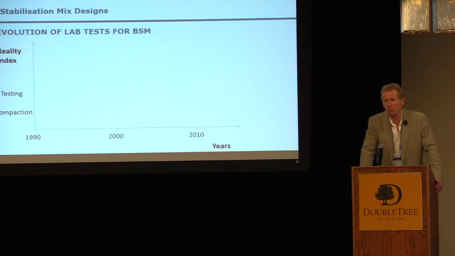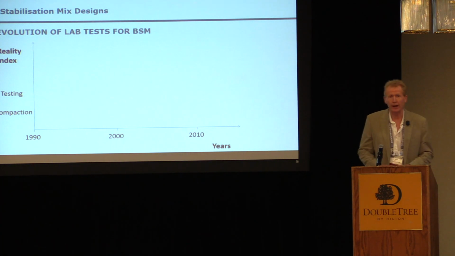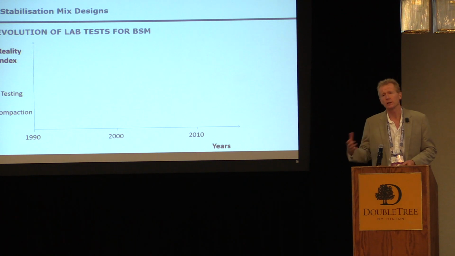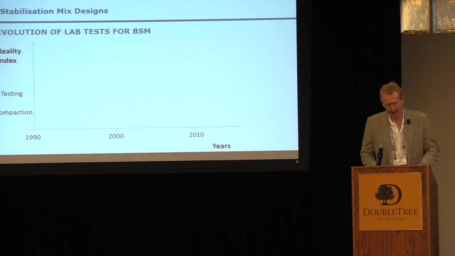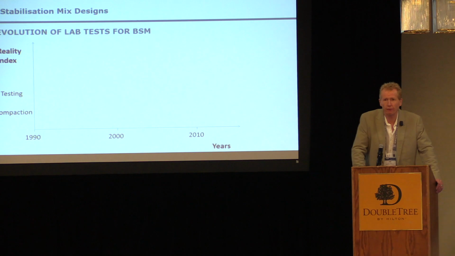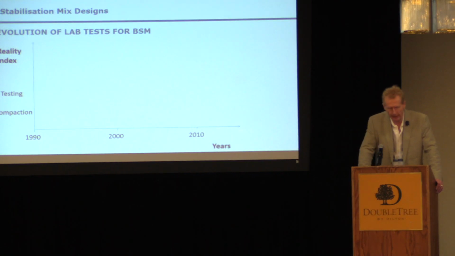So in terms of understanding where we are now, it's useful to look at how we've got to this point. And on this graph, I've got time on the horizontal axis. And as you can see, we're only starting about 1990s with real work on mix design of bituminous stabilized materials, whether emulsion or foam bitumen.